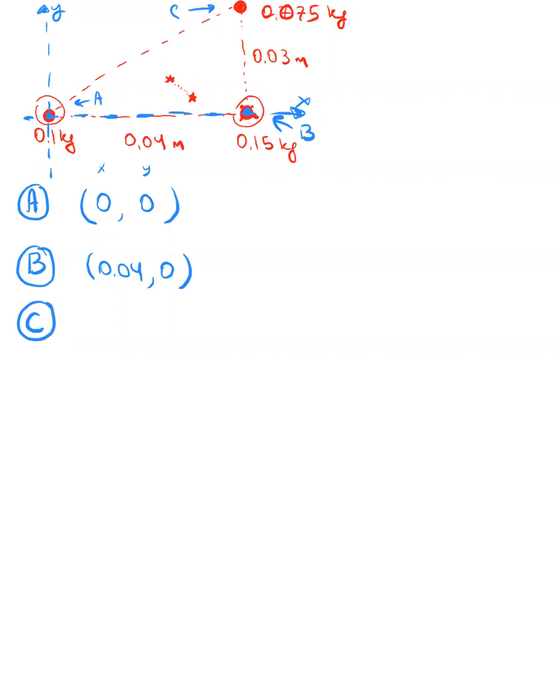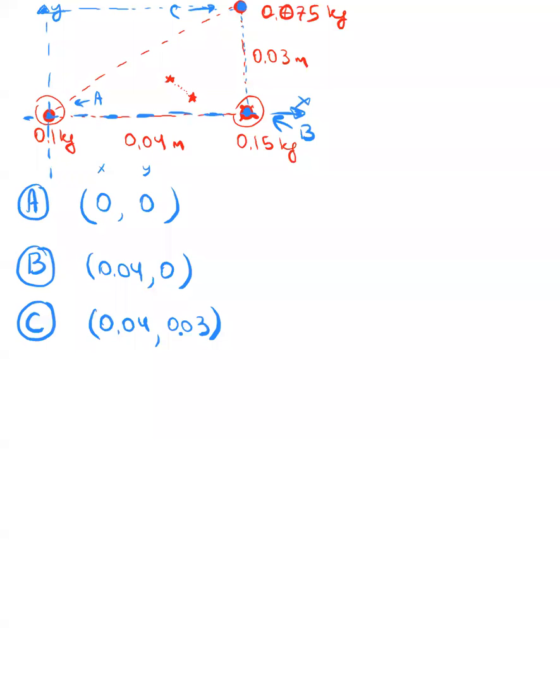And now let's look at point C. Point C is up here. I can project it to x and to y, and if I do that, the x component will be 0.04 and the y component will be 0.03.